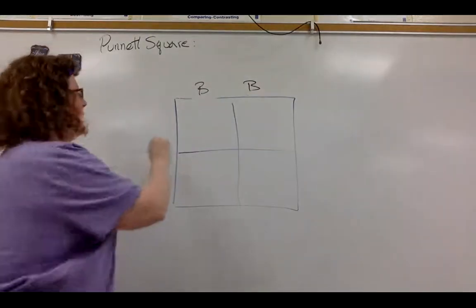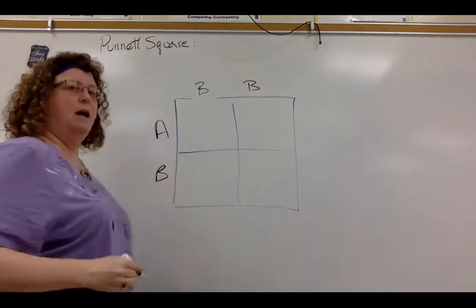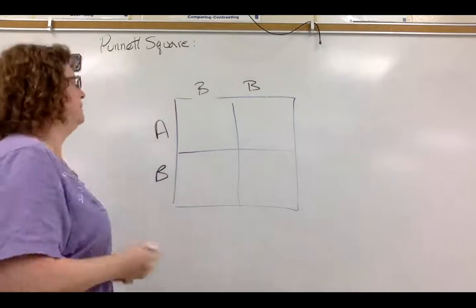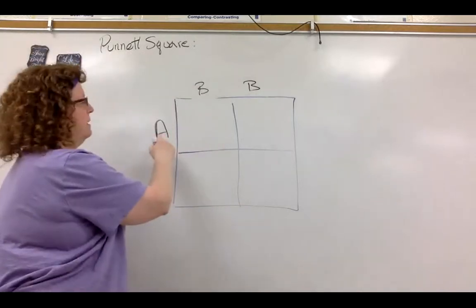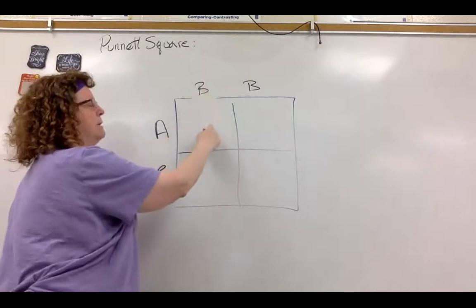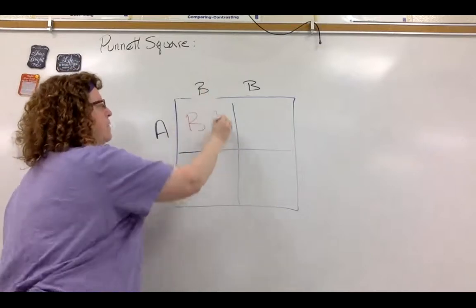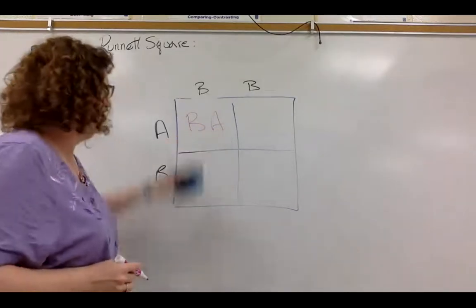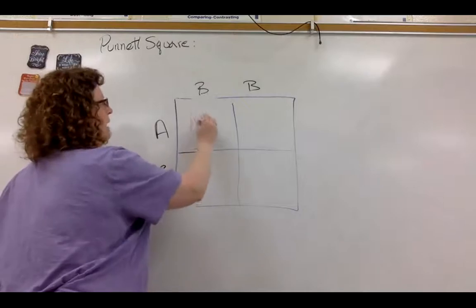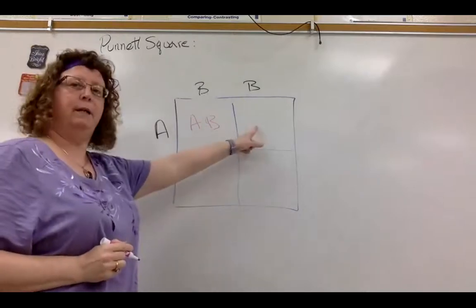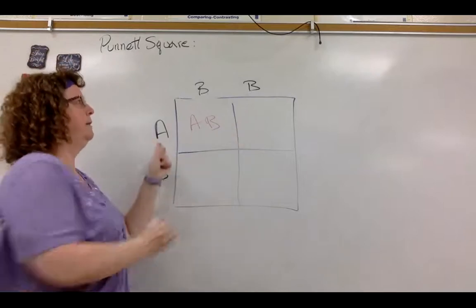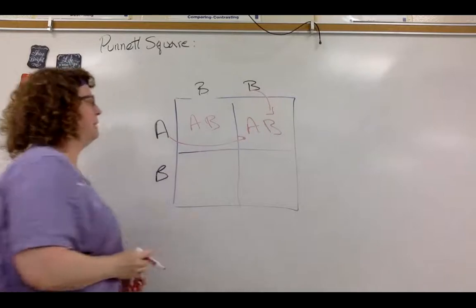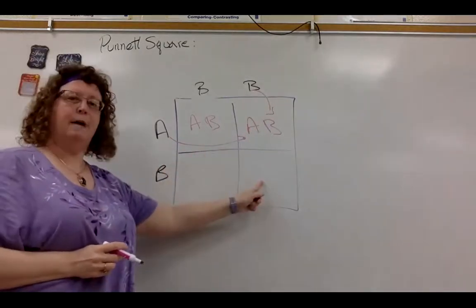That's his mom. His dad is AB. So what could Marquand's blood type be? Well, let's check it out. In this box, the A comes over and the B comes down. But is this the right way to write blood type? Does the B come before the A? No. So it's AB. What type of blood is this? This is also AB blood. The A comes over and the B comes down. What's this type of blood?